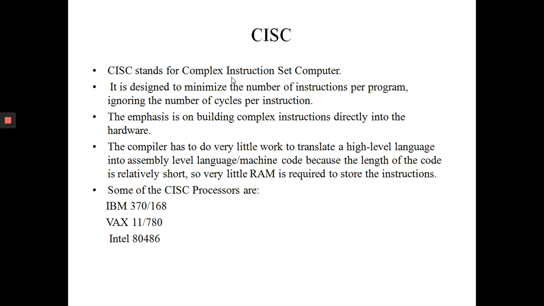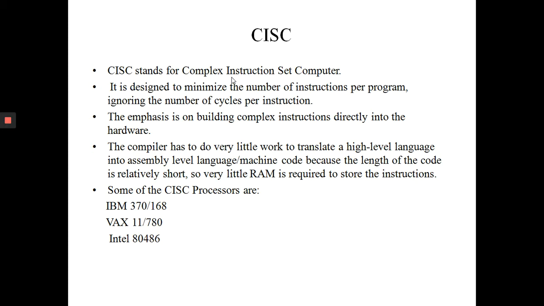CISC. CISC stands for Complex Instruction Set Computer. It is designed to minimize the number of instructions per program, ignoring the cycles per instruction. The emphasis is on building complex instructions directly into the hardware. The compiler has to do very little work to translate a high-level language to assembly-level language or machine code.